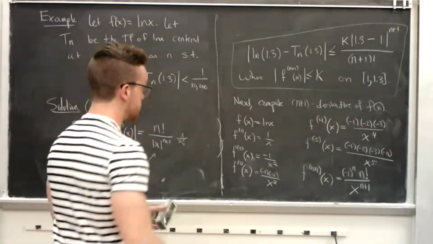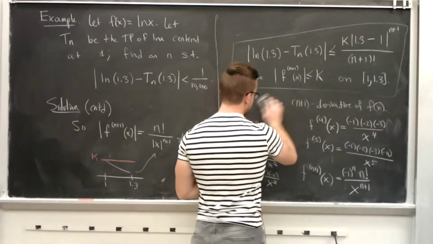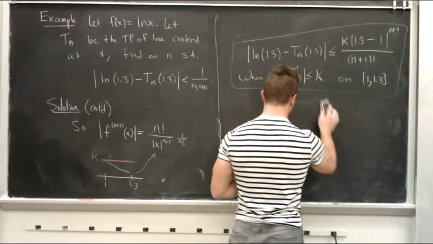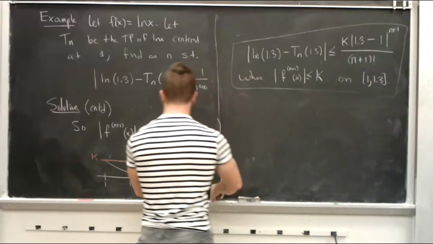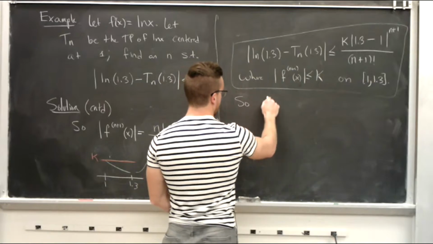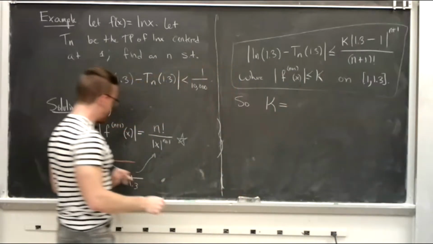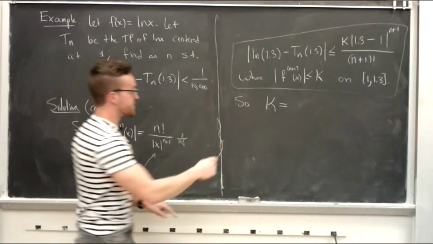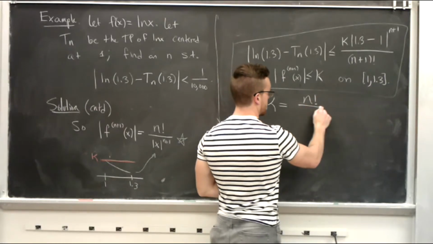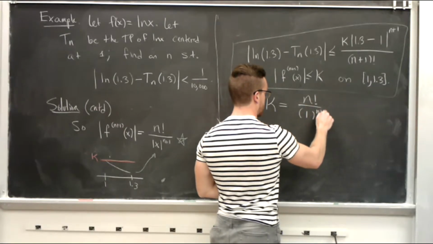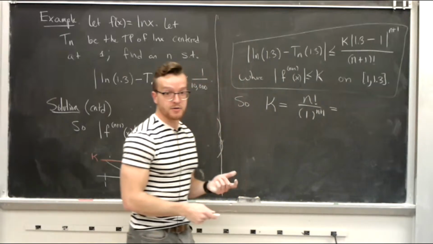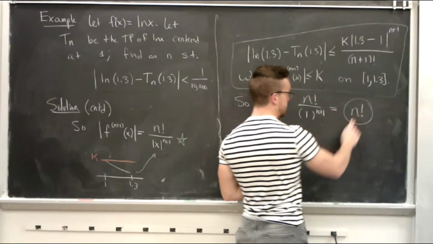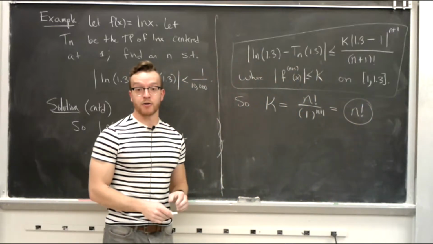I'll say no. So to get k, the red height, I'm going to plug in 1 for x into this expression. One to the n plus 1 is just 1. So this is n factorial. That is our value for k.